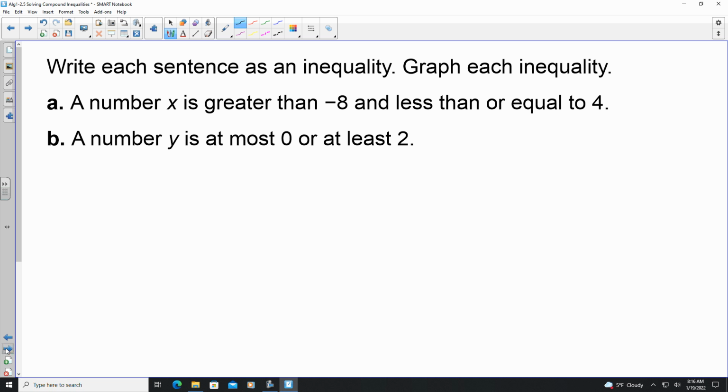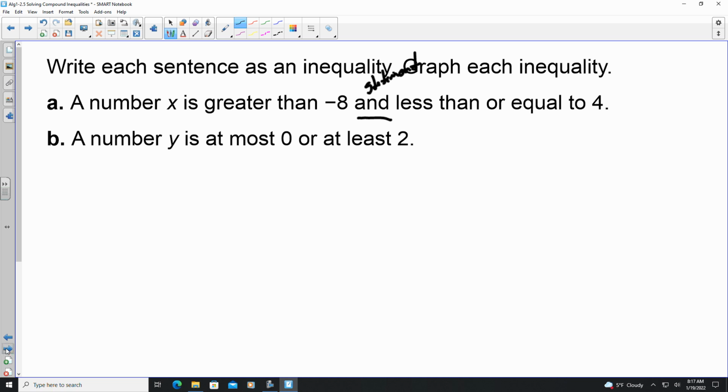So here it says they want us to write each sentence as an inequality, then they want us to graph each inequality. So for part A, it says a number x is greater than -8 and less than or equal to 4. So the and right here is telling us what the statement is.